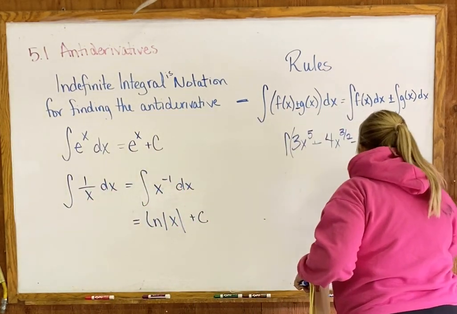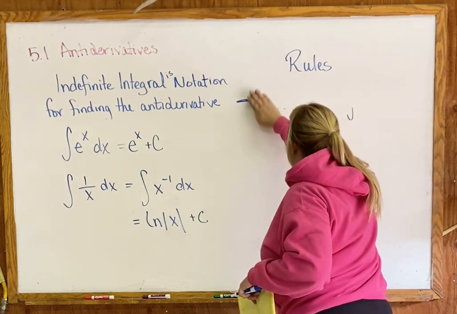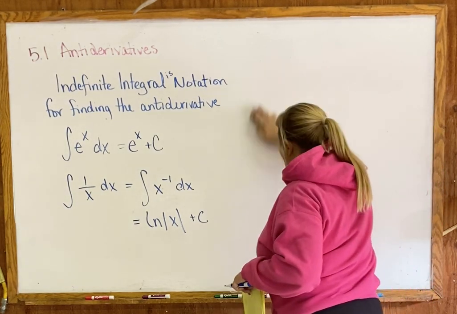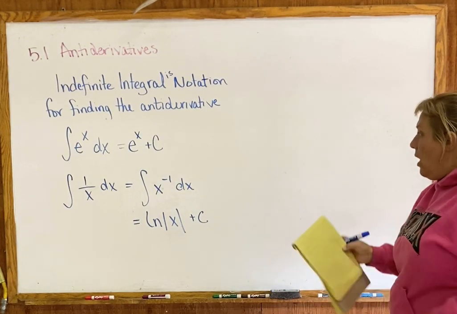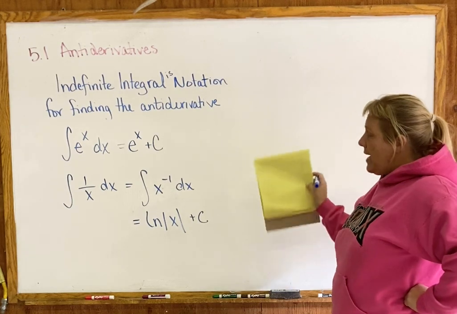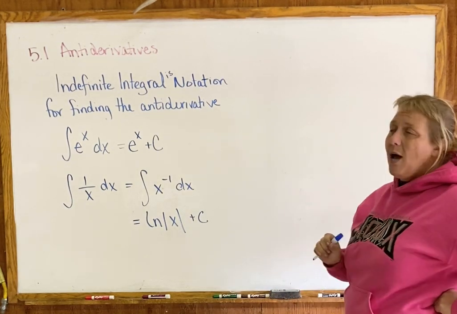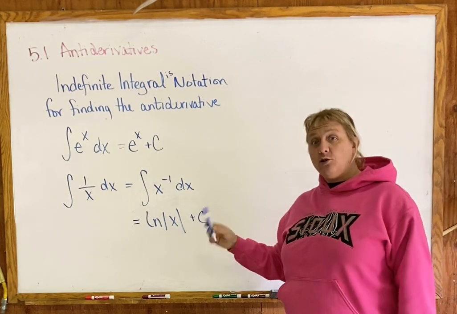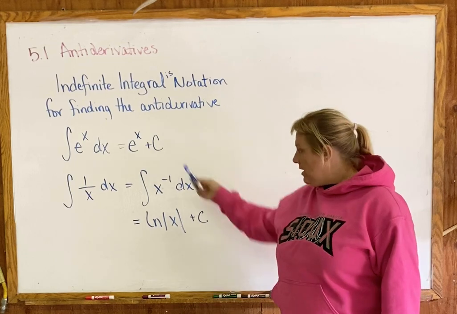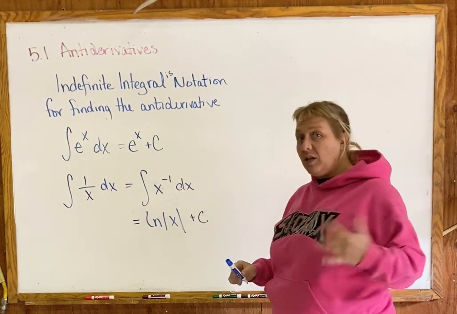Okay, so what do I have on the back page? Okay, so we've got our basic rules then, and other than bringing in fractions, the rules are not too bad. Notice though that every single time I ask you to do one of these indefinite integrals, the reason why we call it indefinite is because are we 100% sure of the answer? Okay, in any of the situations, what did we put at the end of our answer? Plus c.